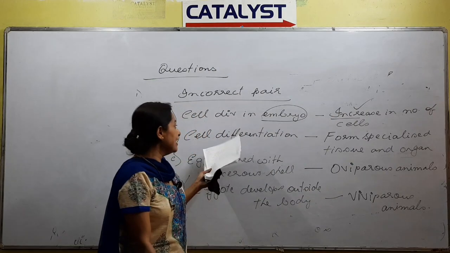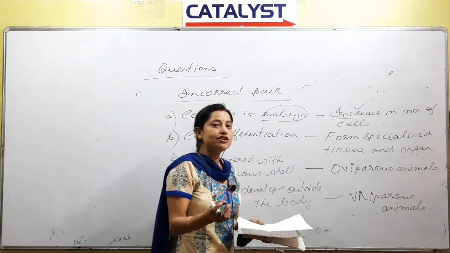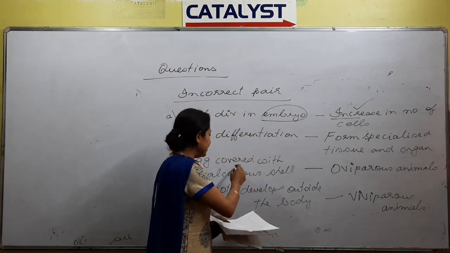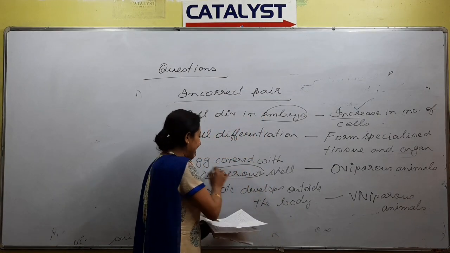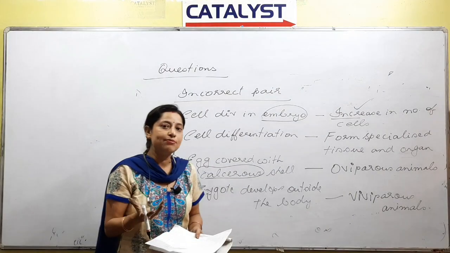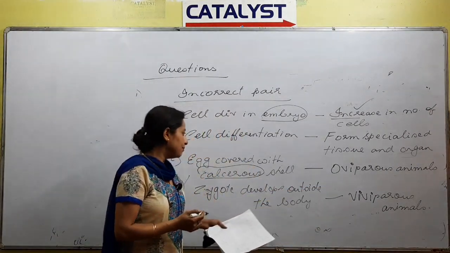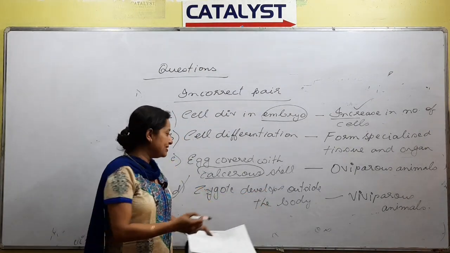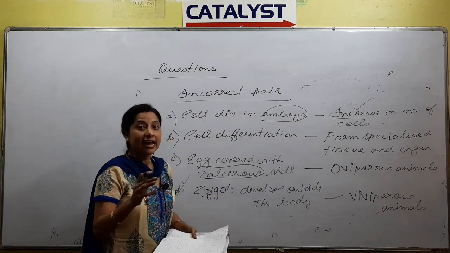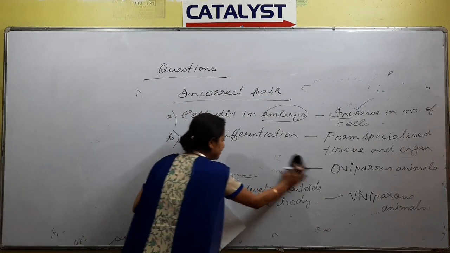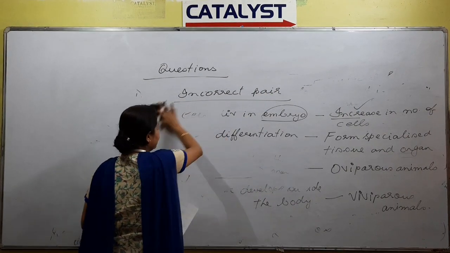Formation of specialized tissues and organs is called cell differentiation. Similarly, eggs have a shell made up of calcium, a characteristic of oviparous animals. But in viviparous animals, zygote develops inside the body and not outside. So read this type of statements properly and then it will become easier.